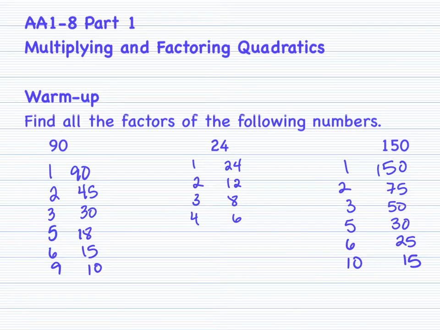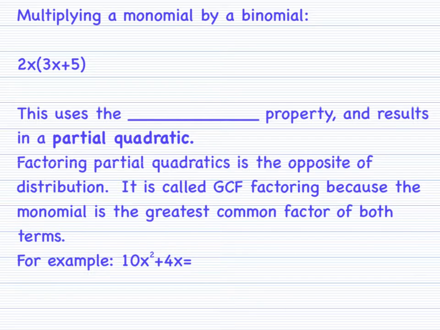Not divisible by 11, 12, 13, or 14, and then we're back to 15 and 10. So that is the easiest way I find to list all of your factors, particularly with what we're going to be doing in this section. So first off, just to review, multiplying a monomial by a binomial.